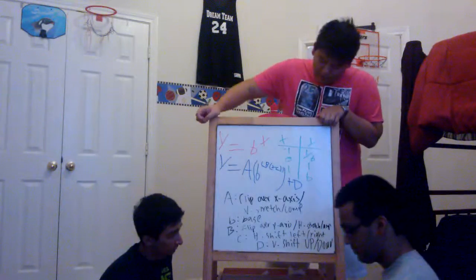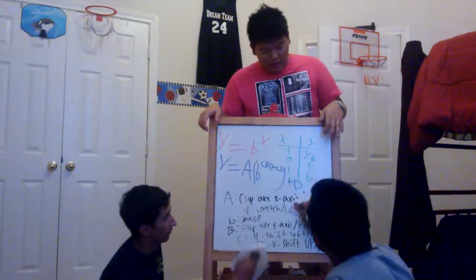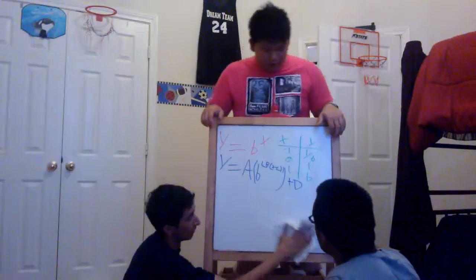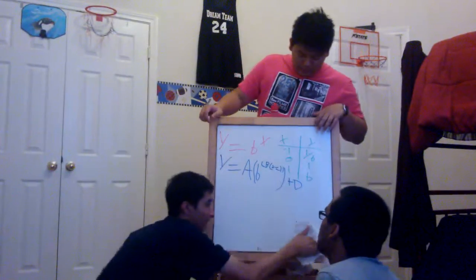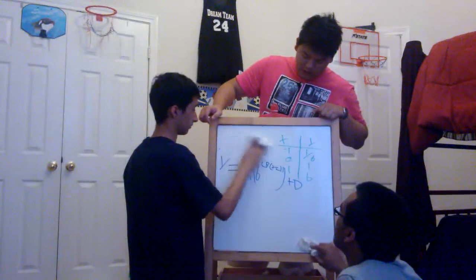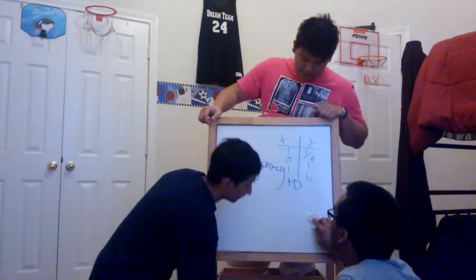Alright, so we're going to show you a table on how to calculate the x values and y values for the transformation. To start off with the table, we're going to graph x and y for 2 columns.